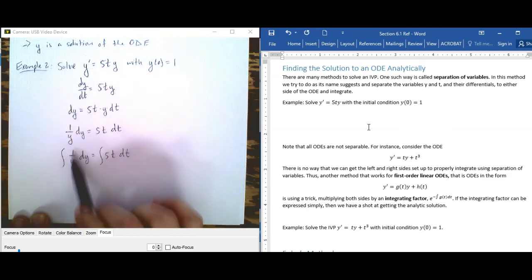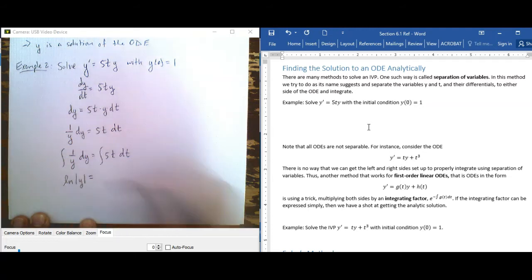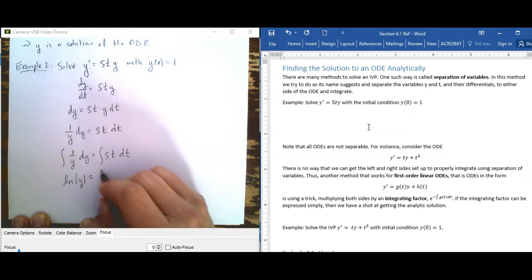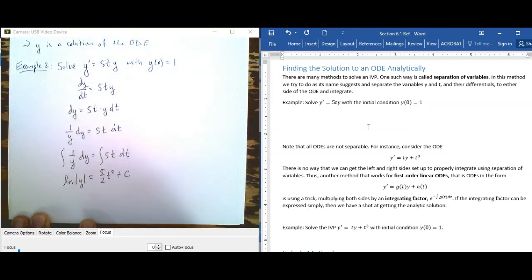The integral of 1 over y dy is the natural log of absolute y. That's equal to the antiderivative of 5t with respect to t, which is 5 halves t squared, plus a constant. Here I didn't put the plus a constant on both sides because we can just absorb it into this one, so I just leave it on the right-hand side.